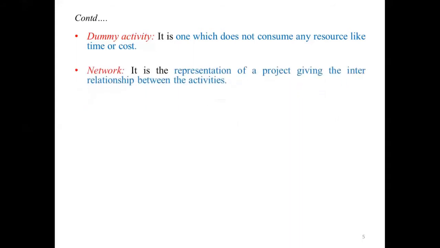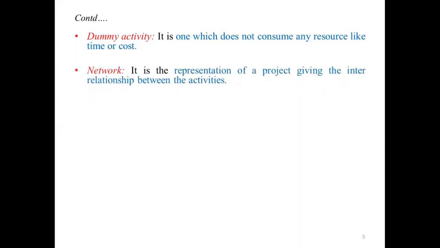Next, dummy activity. It is one which does not consume any resources like time or cost. That means there is a dummy activity in a network analysis where it doesn't consume any resources like time, cost, etc. The next, network.